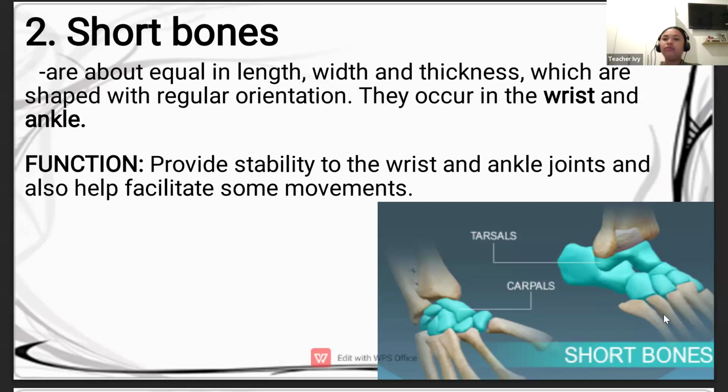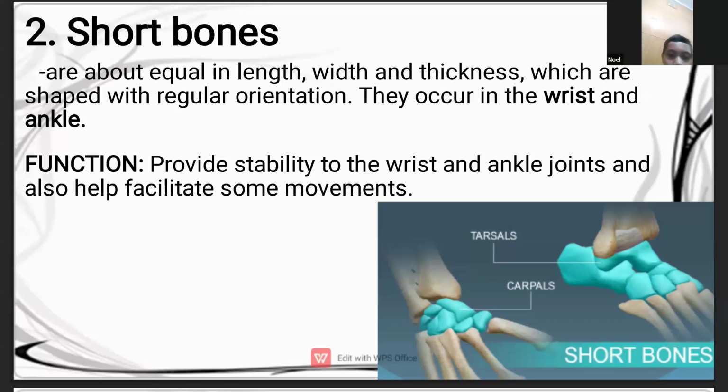Okay, question. Based on the picture, as you can see, you have here the tarsals and carpals, and they are an example of short bones. Can you give me the difference between the two, Noel? What's the difference between tarsals and carpals? Noel, do you hear me?